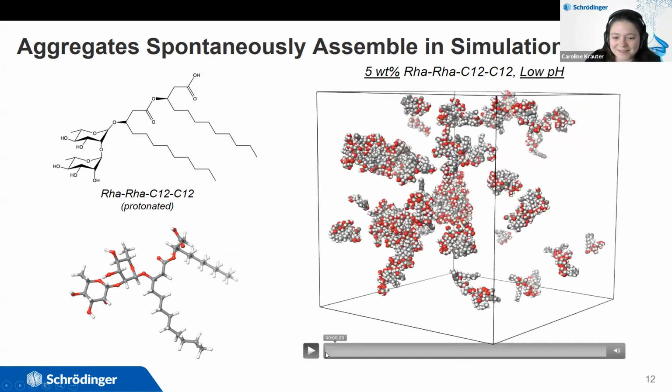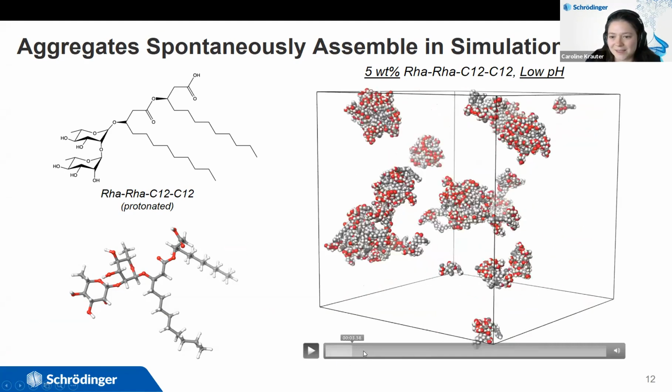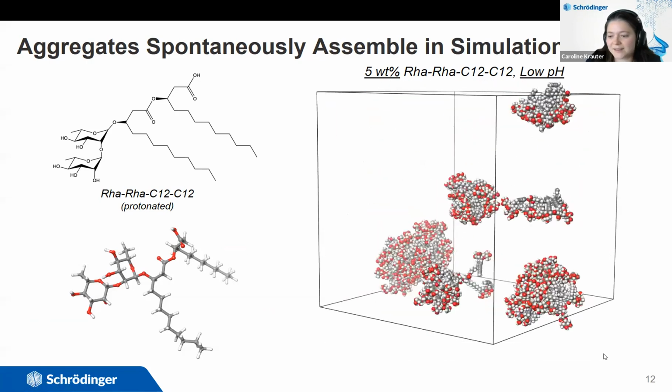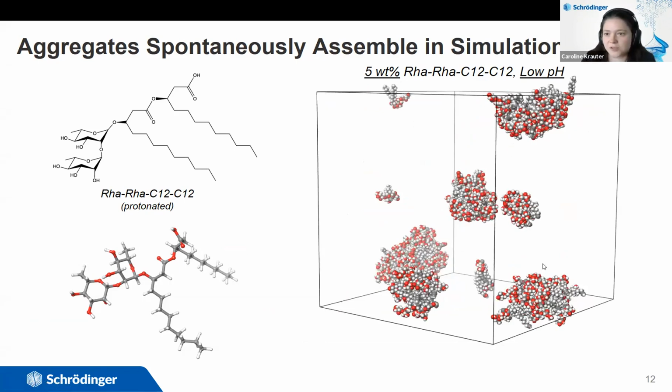In the beginning, we still have smaller aggregates, and they get a little bit bigger over the simulation time. At the end of these 100 nanoseconds, for this concentration and the protonated forms at low pH conditions, we end up with a few relatively spherical aggregates in the system.